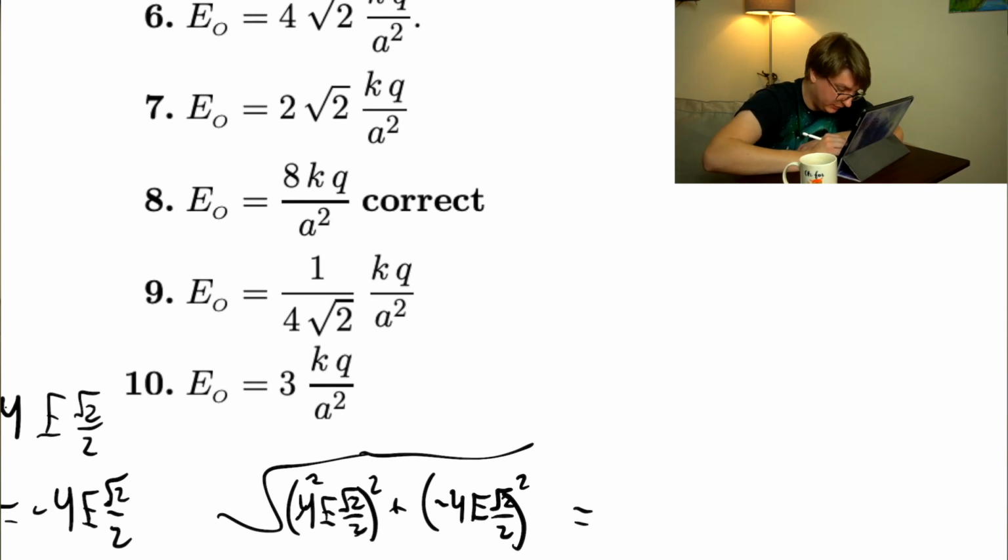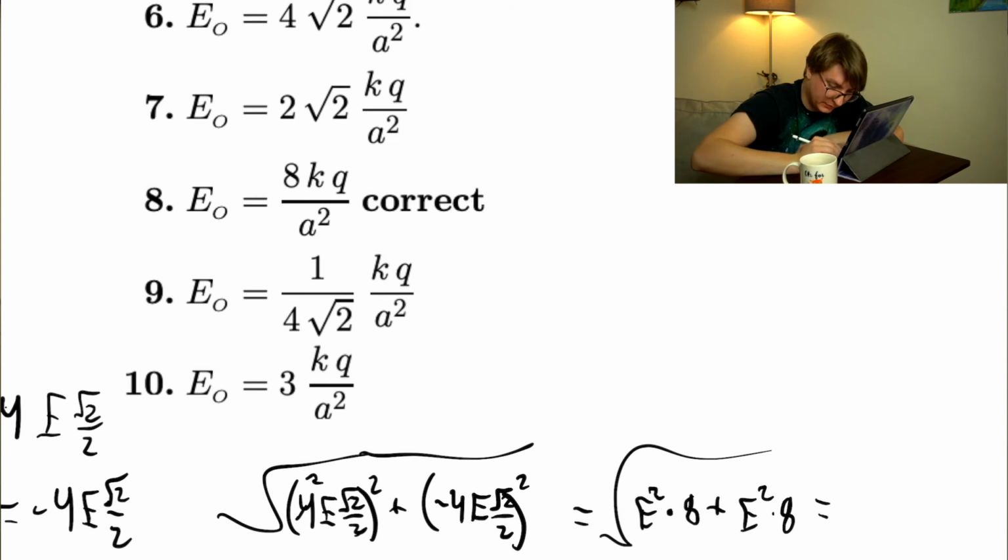So what happens when you do that? It's going to be another square root, E squared, 2 times square root of 2, that's just going to be 8, plus E squared 8, so it's going to be 16E squared under there, that's 4E.